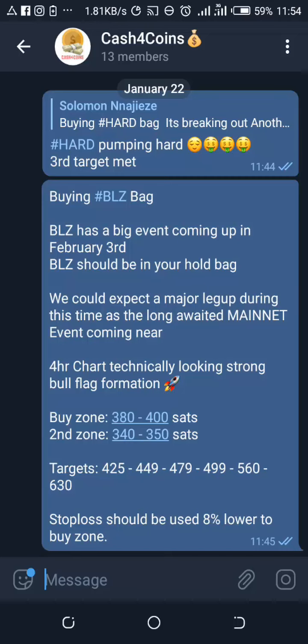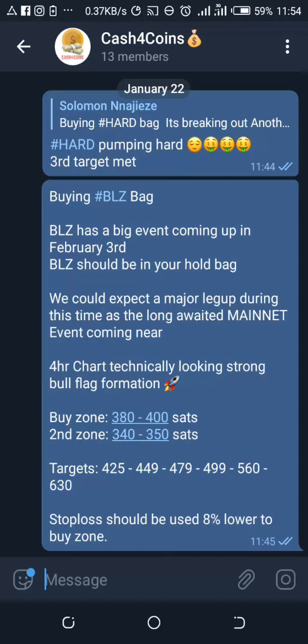But if you look at it, the second zone is less than the first zone. So if you enter the market and see the price between 340 to 350, it is okay to buy then. And also if the price has passed 340 to 350, you can also enter between 380 to 400.